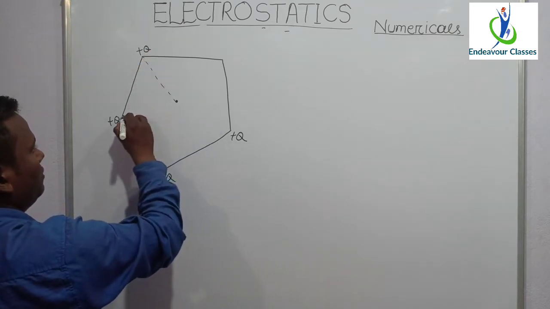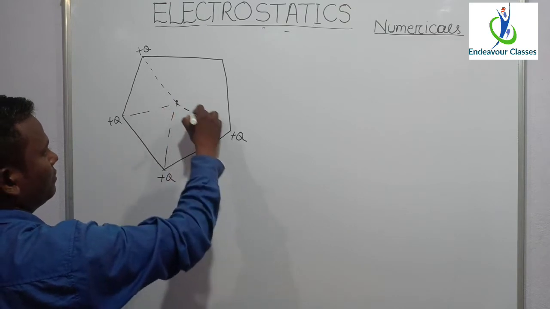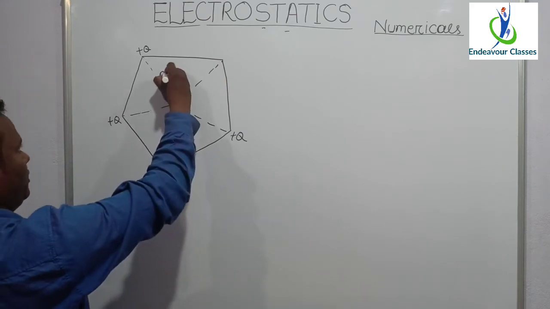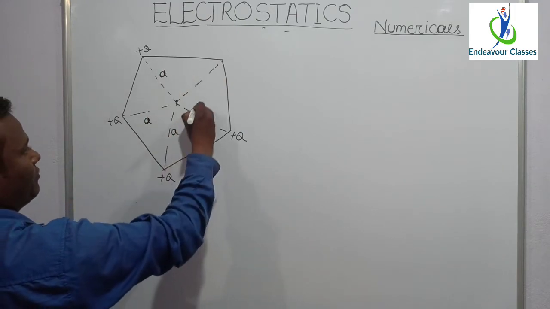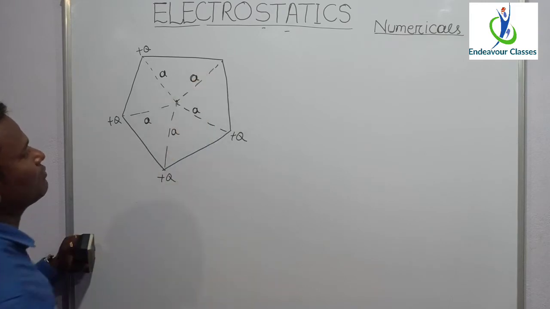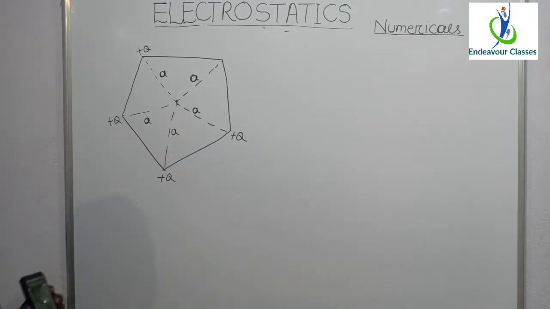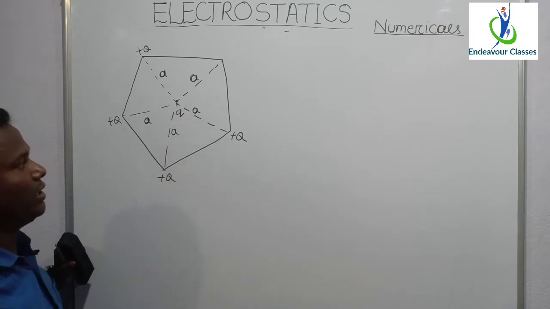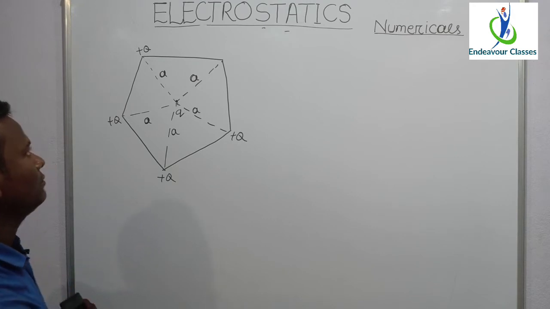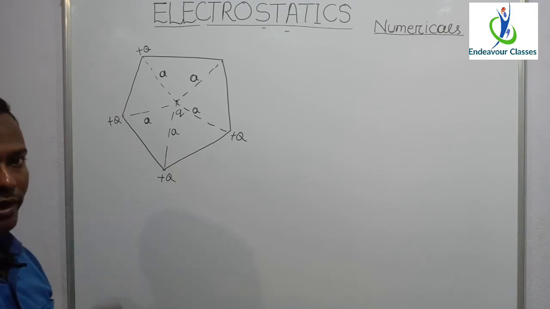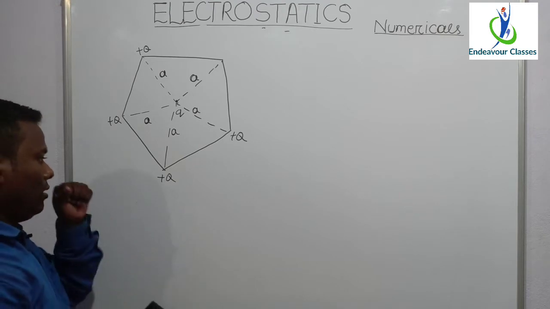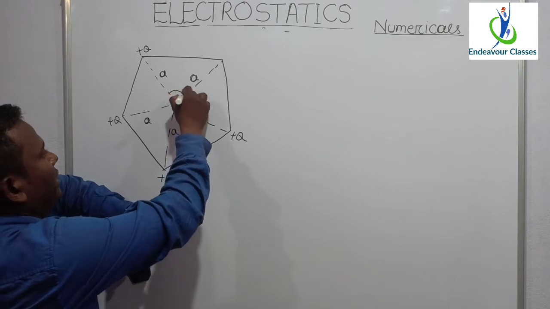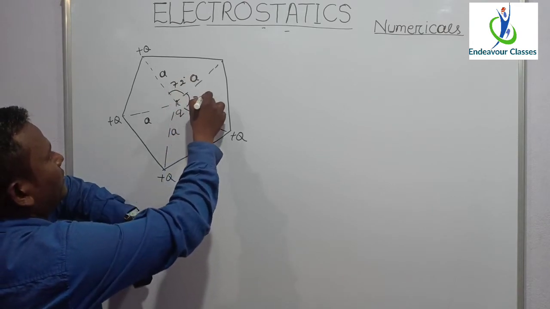So if this is the center, all the distances must be equal, so let it be A. We are asked to calculate the net force on a charged particle small q located at the center of this pentagon. Now this problem can be done in 2 ways. You see, because in case of a pentagon each angle will be 72 degrees.